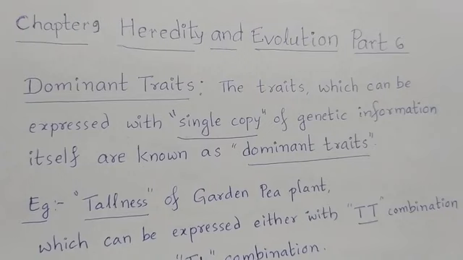That trait is known as a dominant trait. The traits which can be expressed with a single copy of genetic information are known as dominant traits. Example, tallness of garden pea plant. It is one of the examples for a dominant trait.